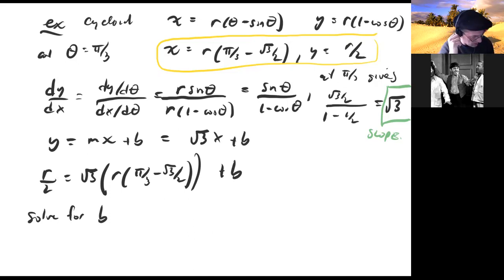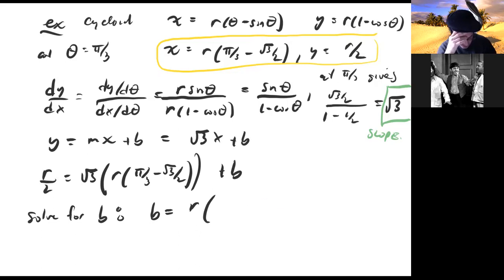It's a lot of elementary algebra, but you're going to get b equals r times 2 minus pi radical 3 over... no, that's not what you get. You get something a little different.